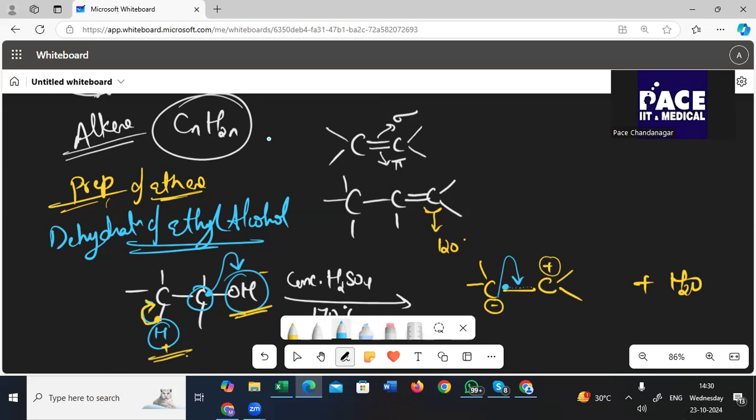So carbon double bond carbon, 2 carbons and 4 hydrogens, C2H4, is your ethene getting formed there. So dehydration of ethyl alcohol will give us alkenes.